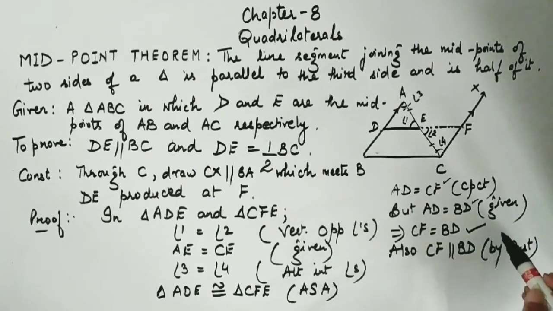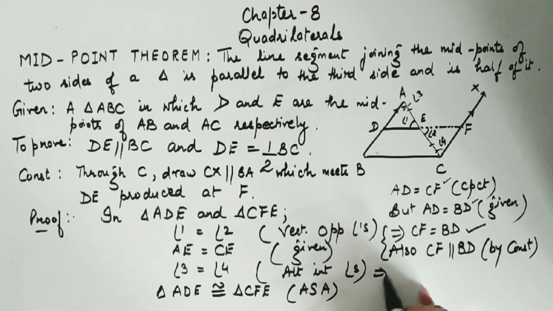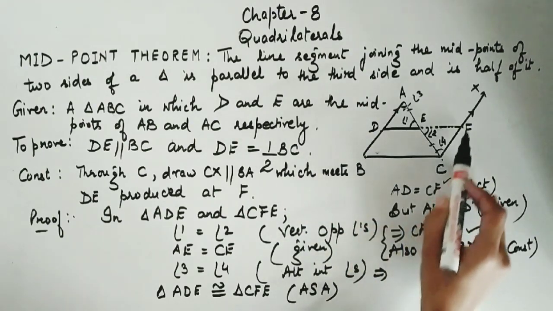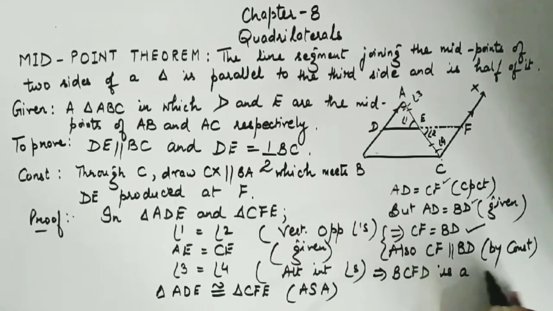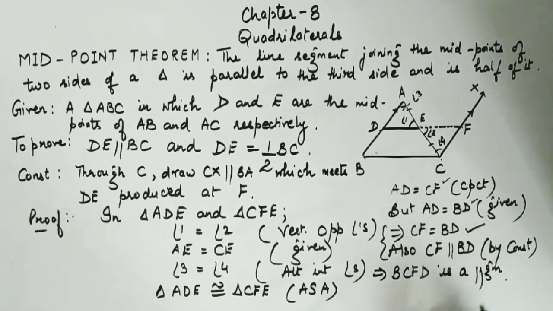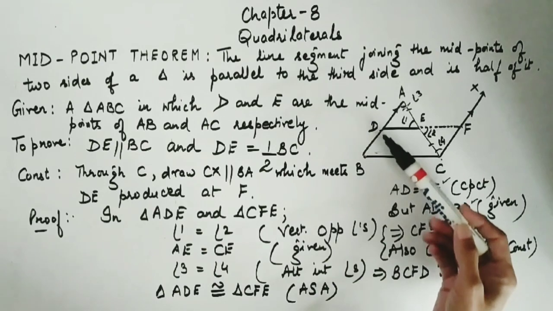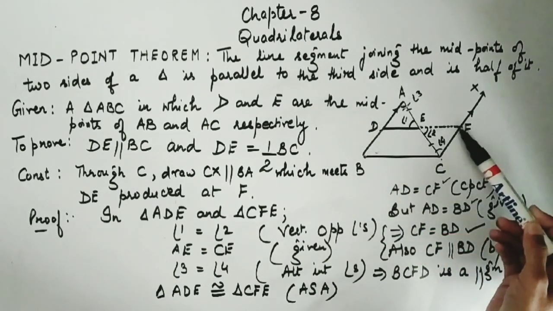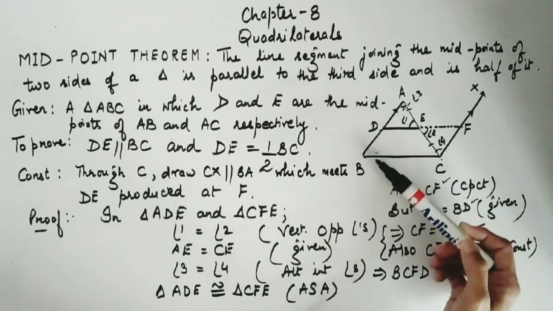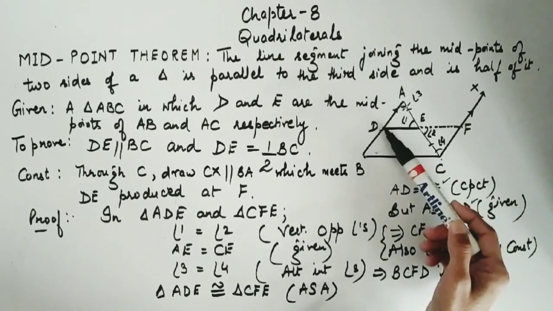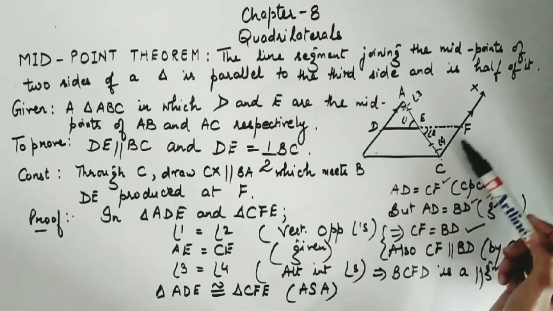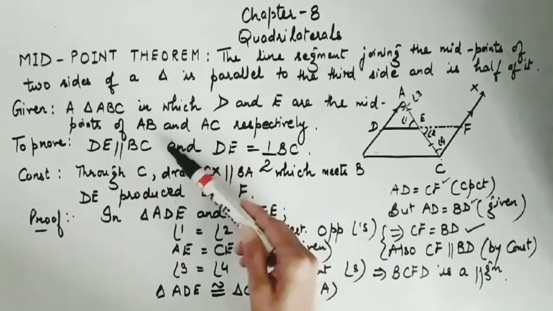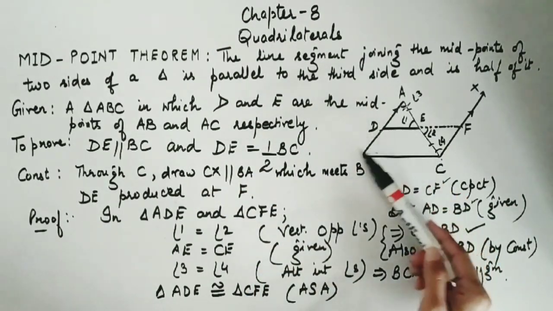And from these two, we can say this figure BCFD is a parallelogram. How can we say it becomes a parallelogram? We've already done a theorem which says any quadrilateral with one pair of opposite sides parallel and equal is a parallelogram. Here BCFD is a quadrilateral in which BD and CF are parallel by construction, and they are proved to be equal.